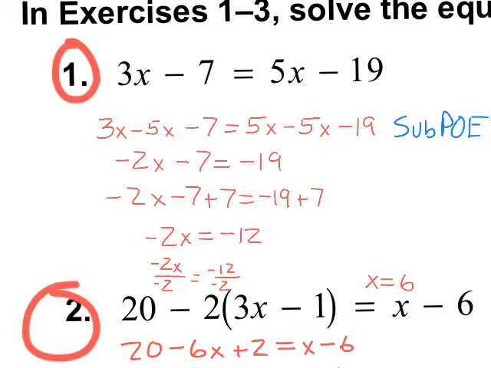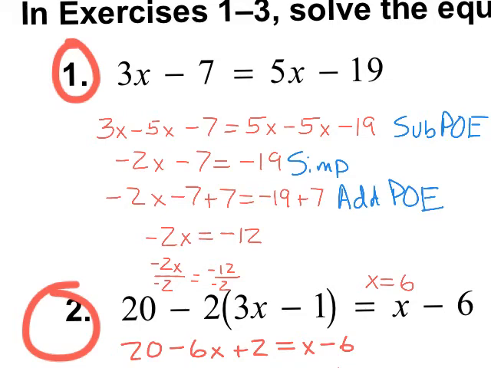And then from there I combine like terms, so I have to simplify next. So I do the subtraction property of equality, I simplify. From there, since I took variables to one side, I have to take numbers to the other side. So in order to get rid of my negative 7 here, I add 7 to both sides. So that would be addition property of equality.